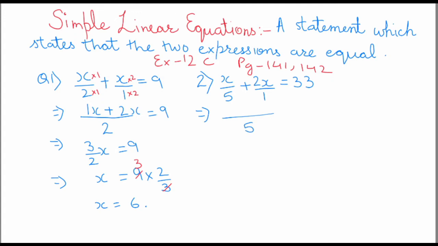Now we have to check what should be multiplied. 5 times 1 is 5, and 1 times 5 is 5. The same thing will be multiplied to the numerator, and the numerator will change, that is 1x plus 10x equals 33.